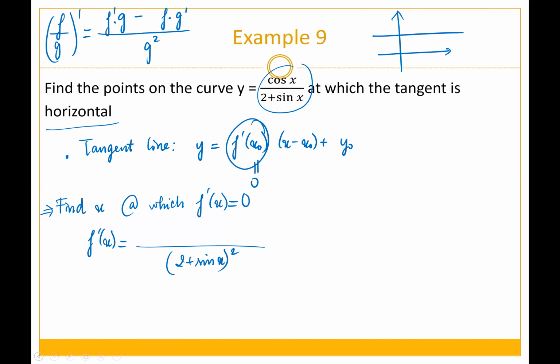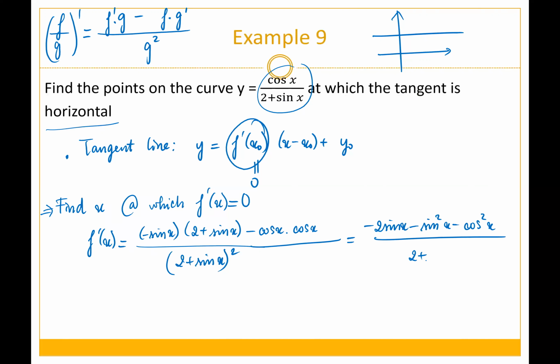So f is cosine x, so f prime is negative sine x, multiplied by 2 plus sine x, minus cosine x times g prime. G prime is just cosine x, because the derivative of 2 is 0 and the derivative of sine is cosine. So what we end up having is negative sine squared x, negative cosine squared x, divided by 2 plus sine x squared.